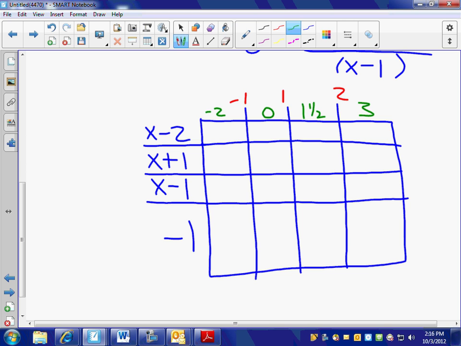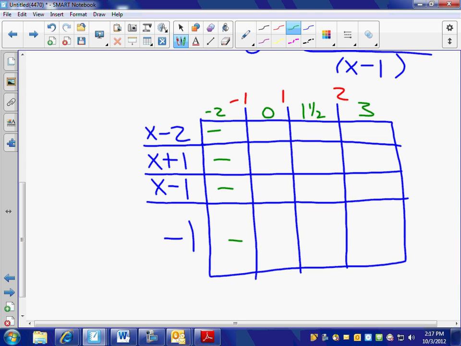If I plug in -2, -2 minus 2 is negative. -2 plus 1? Negative. -2 minus 1? Negative. Can I plug in -2 anywhere down here? No. -1 is just always negative.